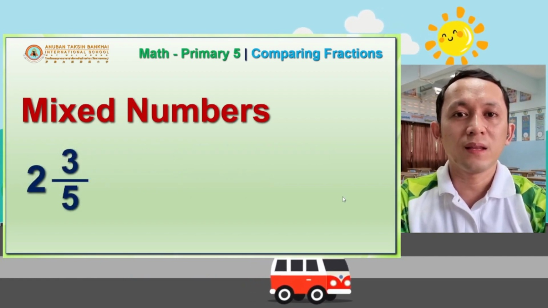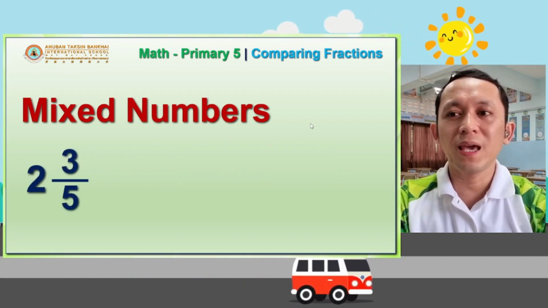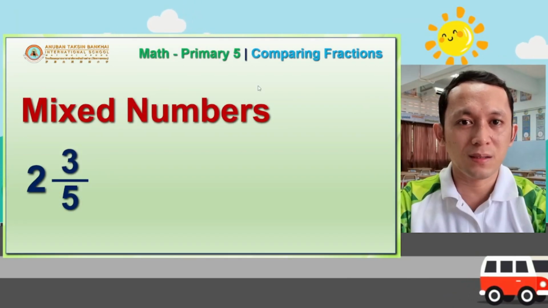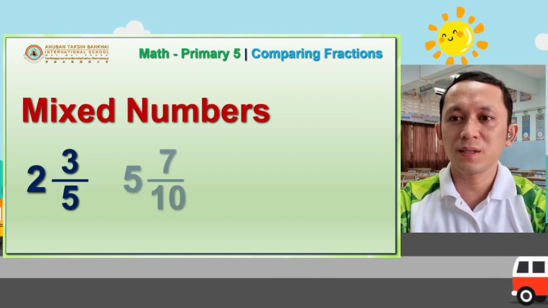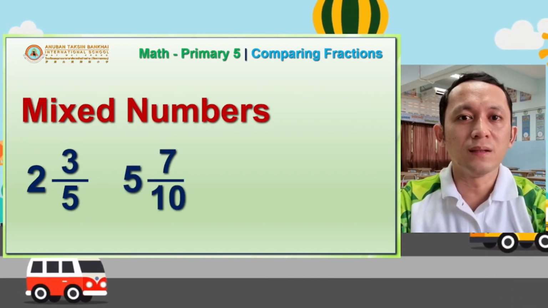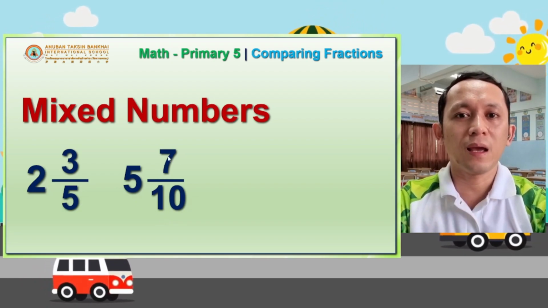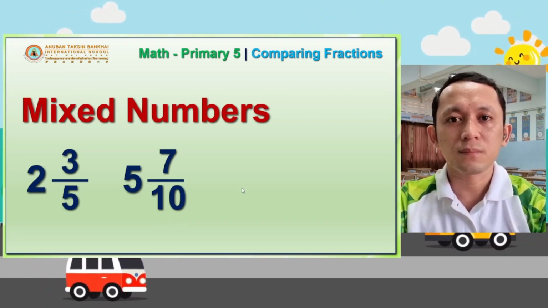Here are the examples. We have 2 and 3 over 5. 2 and 3 over 5 is a combination of a whole number and a fraction. So this is an example of a mixed number. Another example, we have 5 and 7 over 10. Again, a whole number and a fraction.